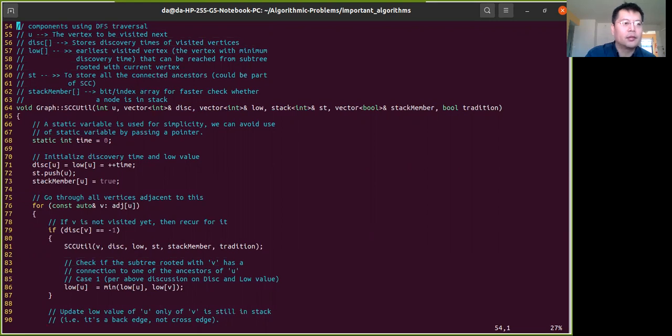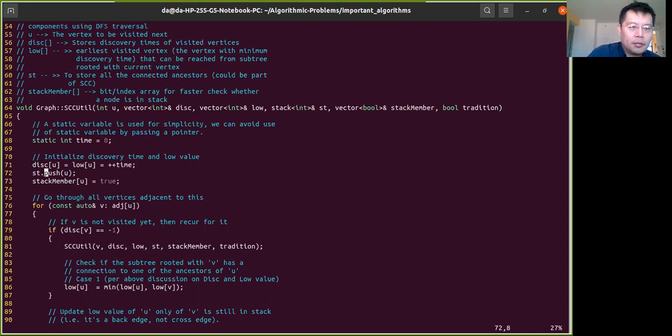Now how it works: first, it will start with a point, and you see this vector disc. It numbers the vertex such that the vertex is numbered the first time it is discovered.